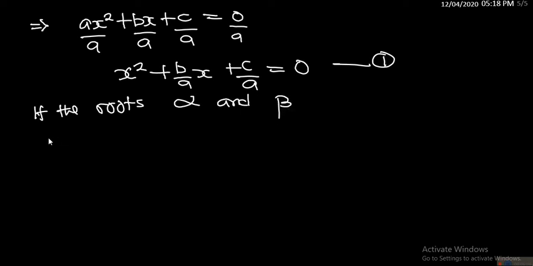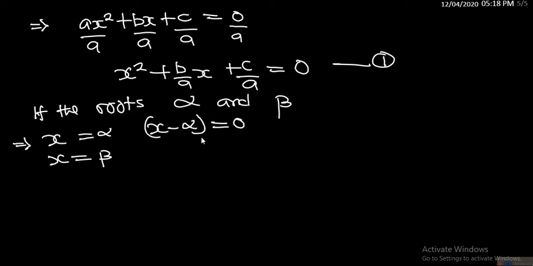Now if the roots are alpha and beta, then it implies that x equals alpha and x equals beta. Now x equals alpha implies x minus alpha equals 0, and x equals beta implies x minus beta equals 0.